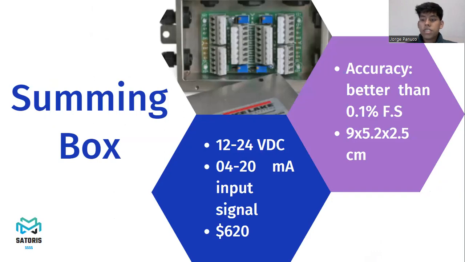This allows to increase the maximum weight or force to be measured since the loads of each sensor are added. It's accurate better than 0.1 FS. Its measures are 9 by 5.2 by 2.5 centimeters. It works with 12 to 24 volts. It also works with 4 to 20 milliamperes with an output signal, and it costs 620 pesos.